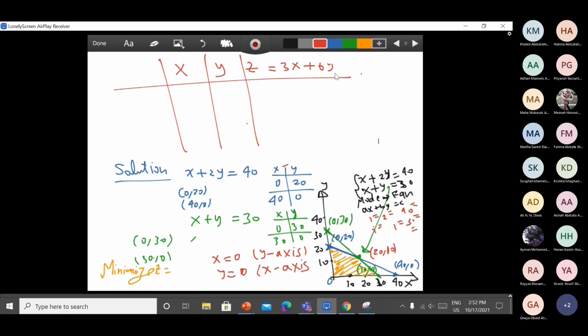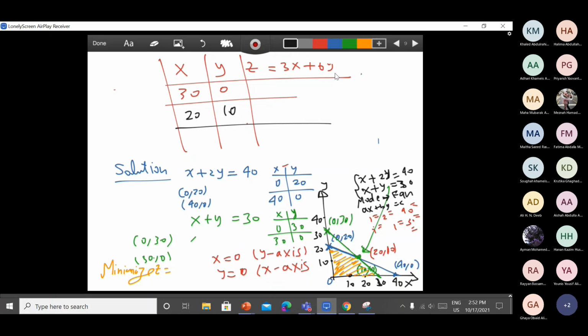How many points do I have? Don't take 0 and 0, no need to take 0 and 0. So you have 30 and 0. And the other point is? The other point, which is the intersection point, 20 and 10.